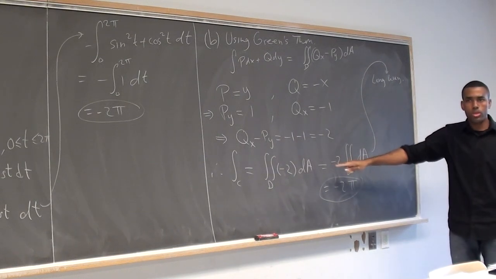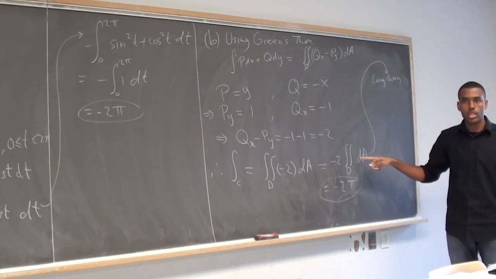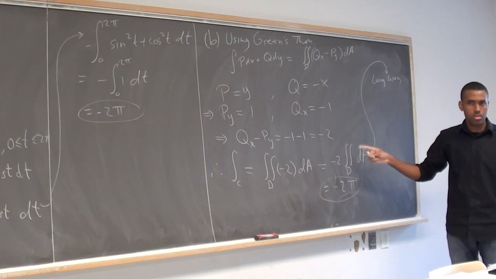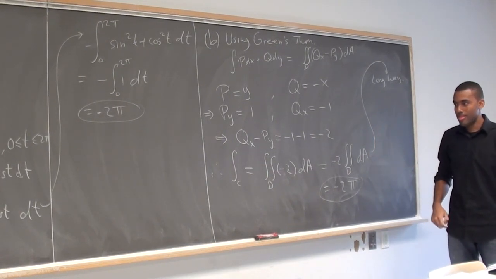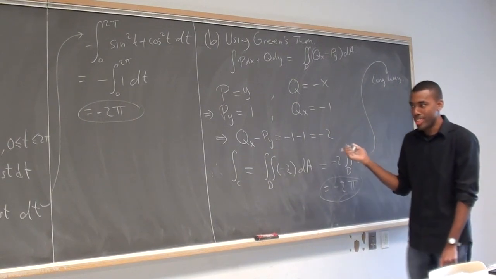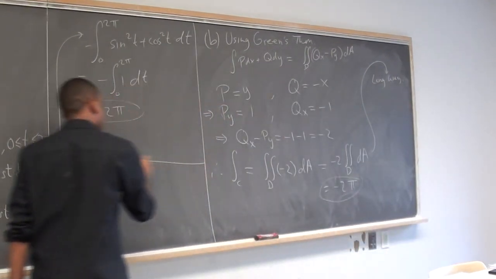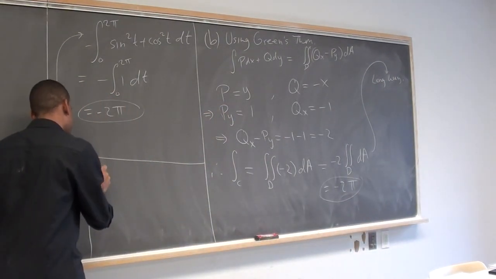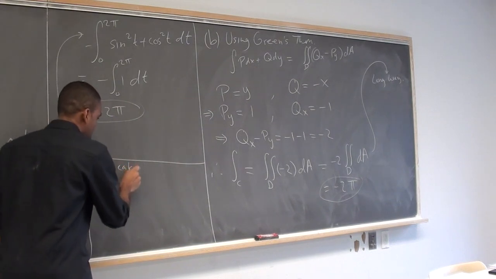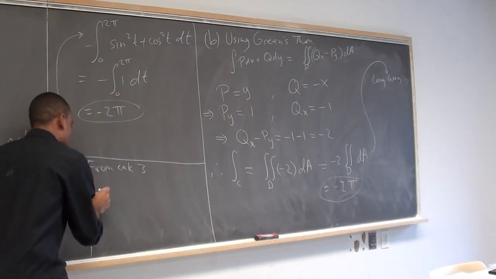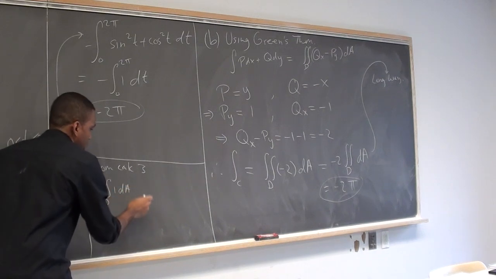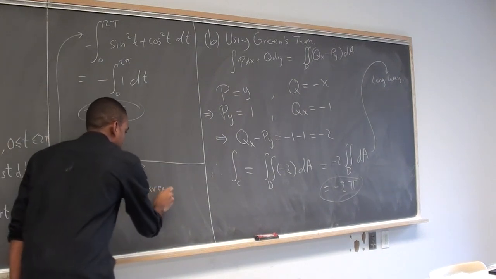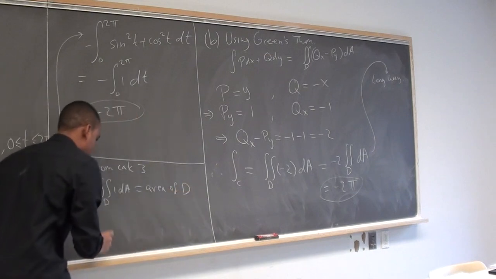This is from Calc 3. We know that the double integral of 1 dA is actually the area of the region, right? It comes in handy. You should know things. If you take the double integral over D of 1 dA, it actually gives you the area of D. That was something we learned in Calc 3.